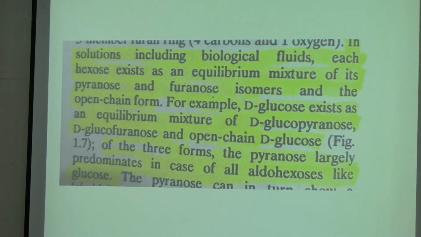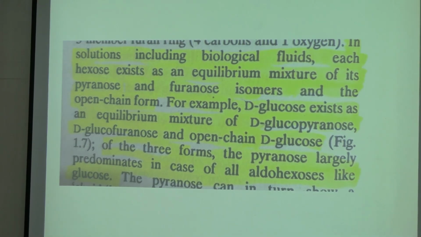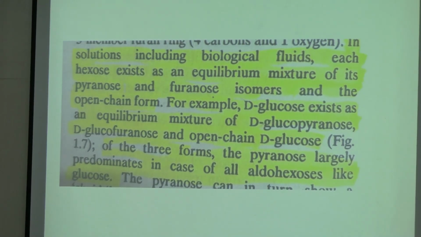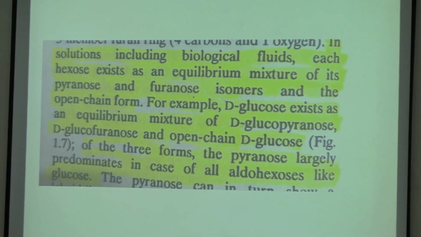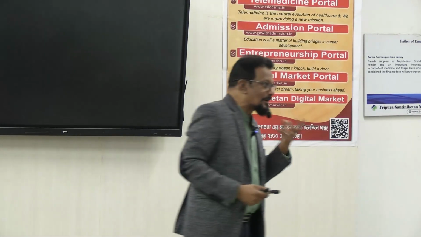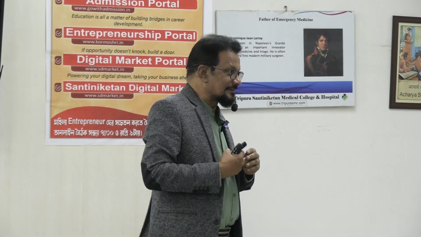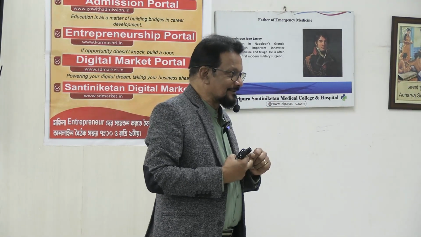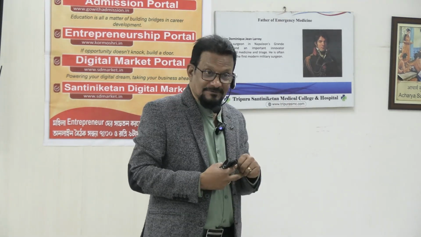But it may form a cyclical chain structure. What is this called? Pyranose. Here it is called pyranose. 5 carbon will make a ring-like structure. Fructopyranose. Glucopyranose.